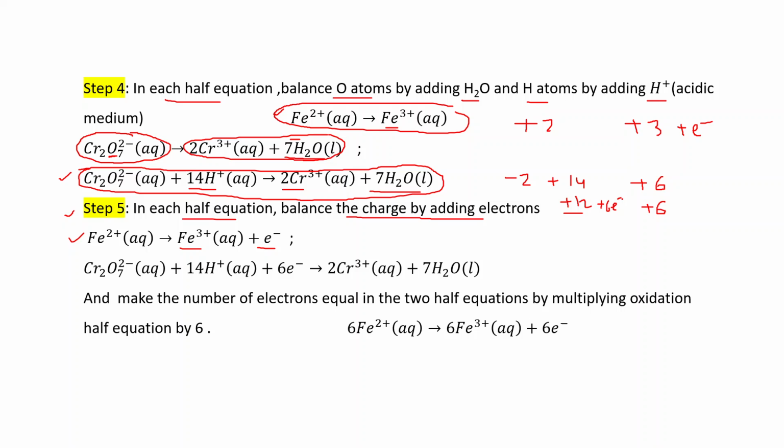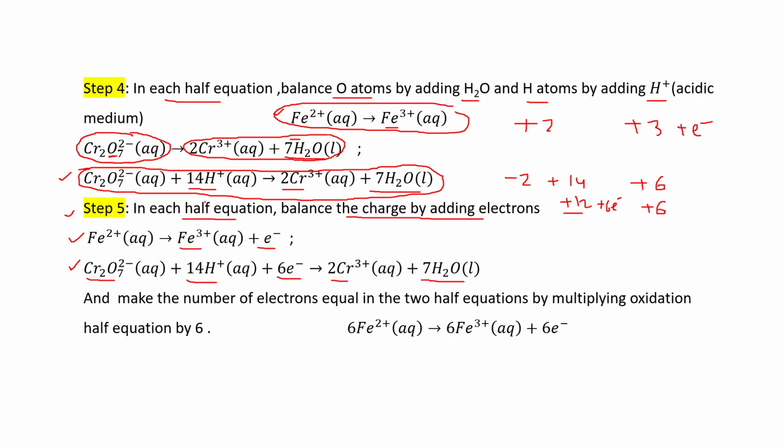We can also understand, actually this reaction indicates the reduction. And what is reduction? Reduction is the addition of electron. So in the reactant side, we will add 6 electrons. So our equation becomes Cr2O7 2- plus 14H+ plus 6 electrons converting into 2Cr3+ plus 7H2O. Now the electrons lost and electrons gained should be equal.